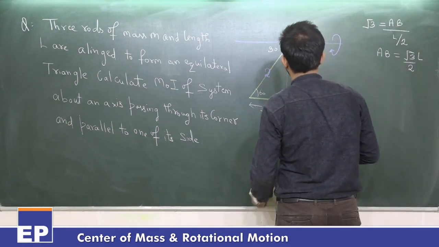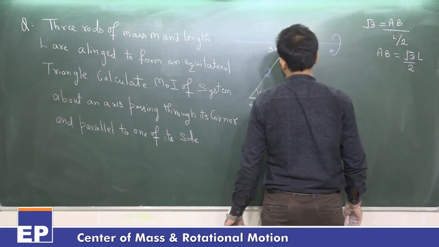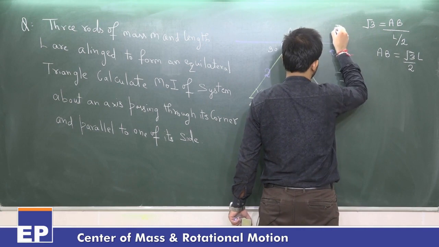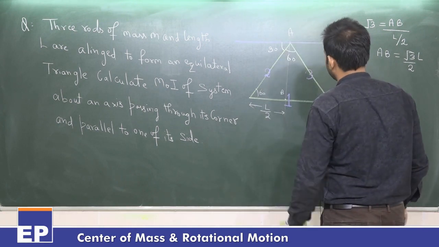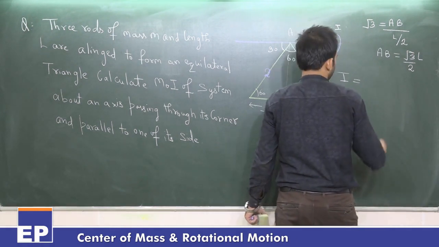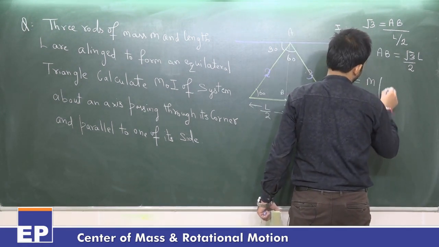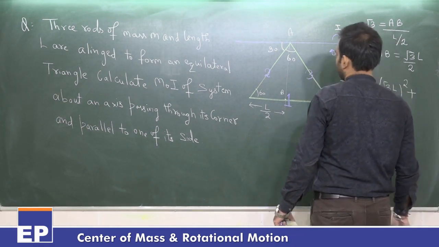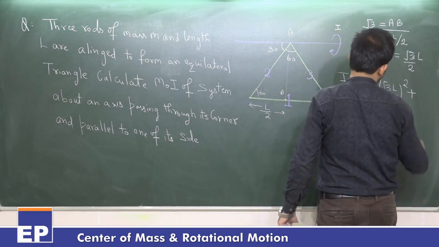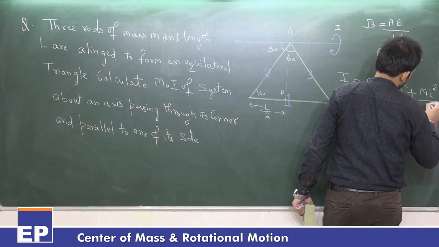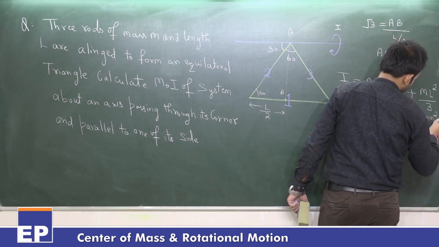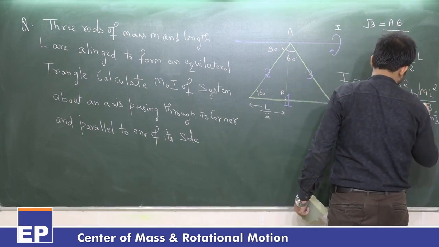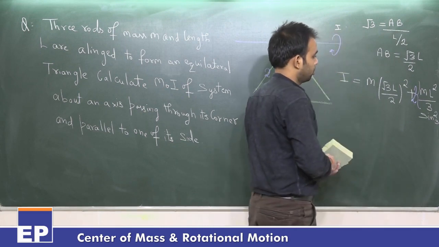Right? So what is the moment of inertia about this? I is, for the first rod, m into root 3 L by 2 whole square, plus for the inclined rods we have derived earlier that it will become m L square by 3 times sin square theta, that is sin square 30, and there are two rods so multiply by 2.